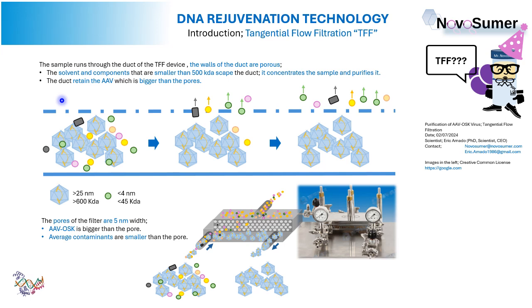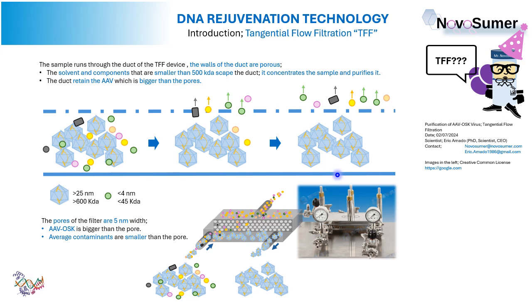Okay, and what happened with the EV-OSK? What happened with EV-OSK is that it's bigger than the pores. You see here, the EV-OSK is bigger than the pores, so the pipes retain EV-OSK. Okay, so at the end of the process, you have EV-OSK concentrated and clean from contaminants.